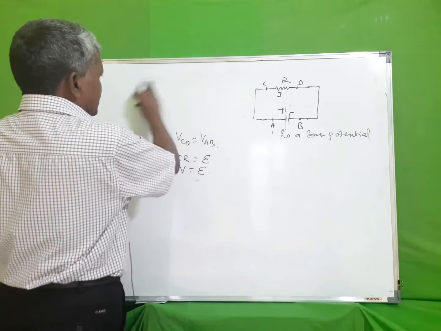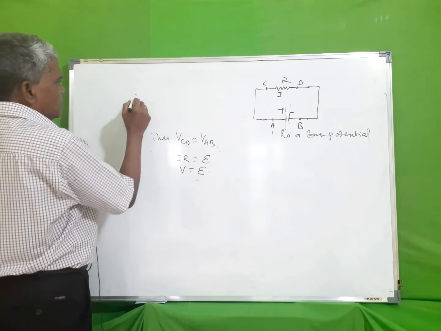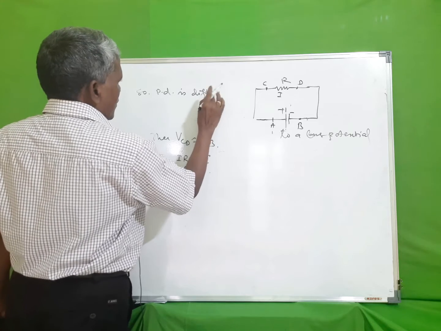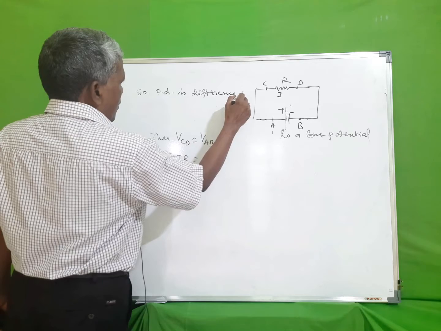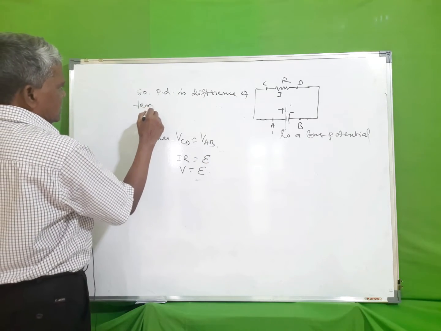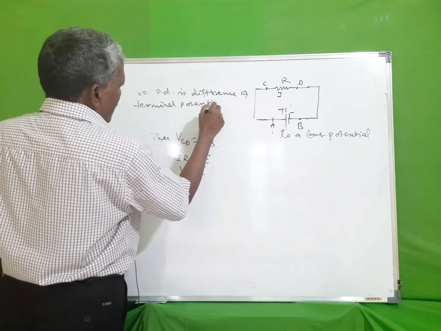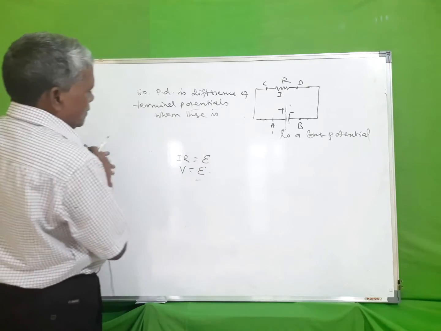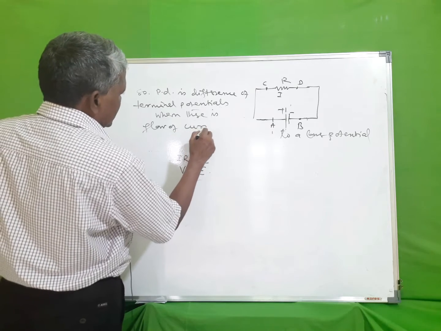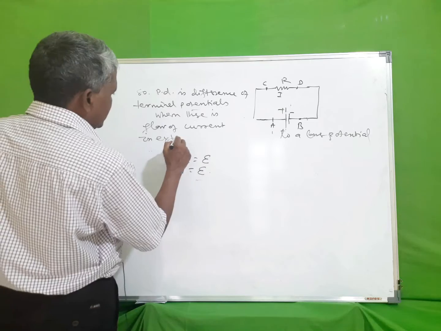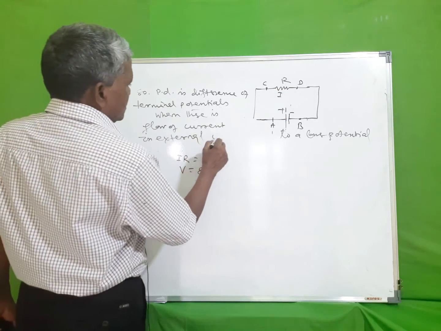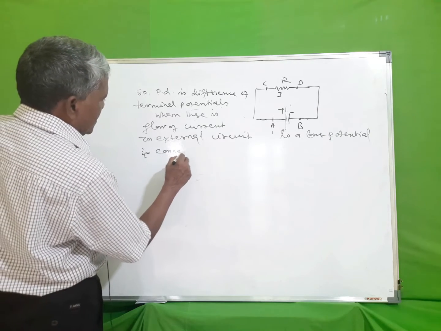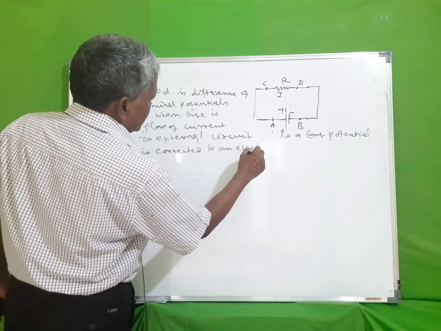So the potential difference is the difference of terminal potentials when there is flow of current in an external circuit that is connected to an electrical appliance.